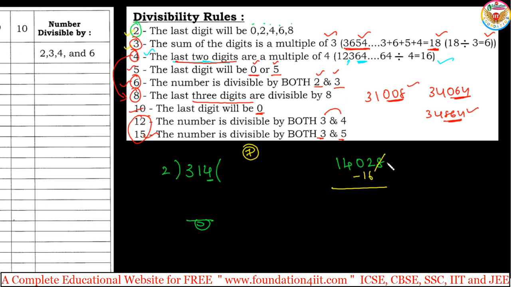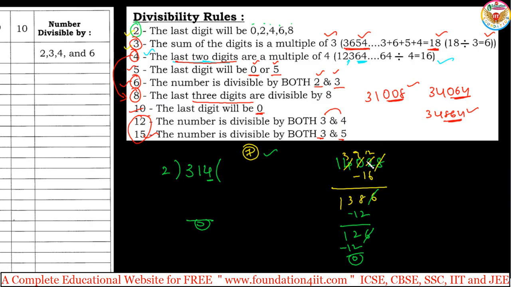The last digit is 8; double the 8 to get 16. Subtract 16 from the rest of the number: 142 minus 16 is 126. Now repeat the step. 6 is the last digit; double it, 12, and subtract from the remaining number: 12 minus 12 is 0. The result is 0 or a multiple of 7, so the number is divisible by 7.